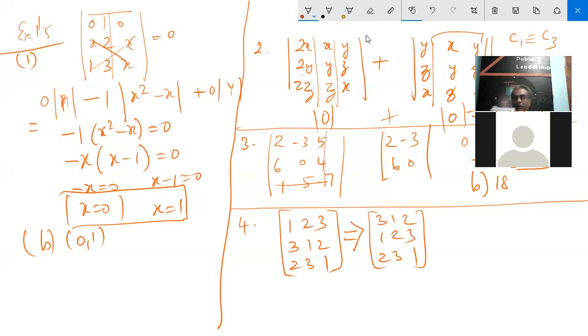You should write property 2. Row 1 interchanged with row 2, so it's a minus matrix. If the rows change, the value becomes the minus of each other. So if this is delta, then this one becomes minus delta. Is there minus delta? Yes, B is the correct answer.